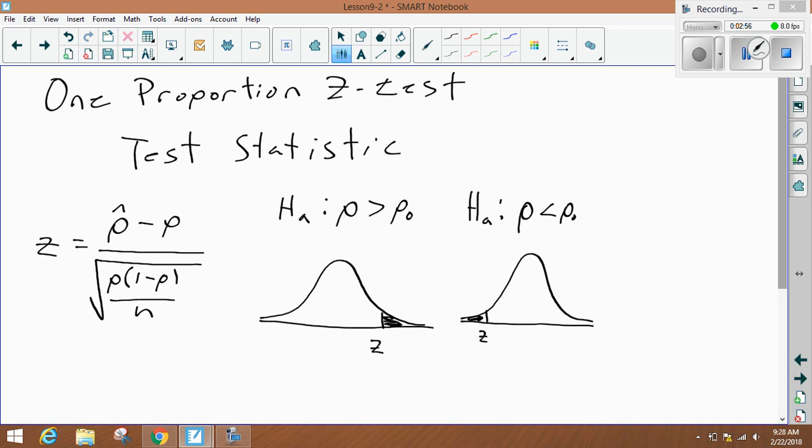But there is also the case that our alternative hypothesis is that our parameter is not equal to the hypothesized value.